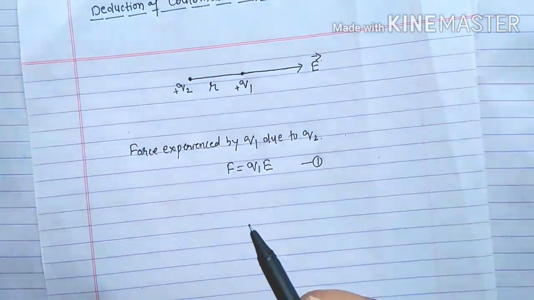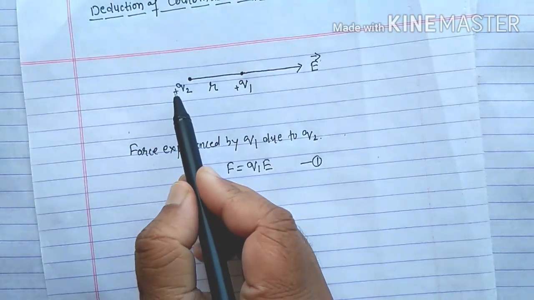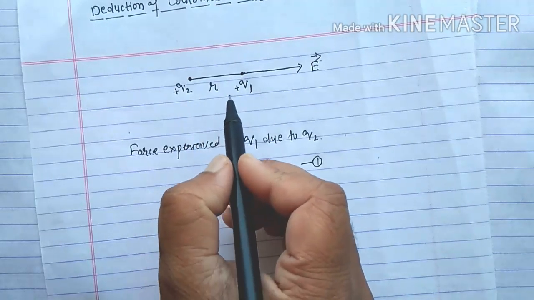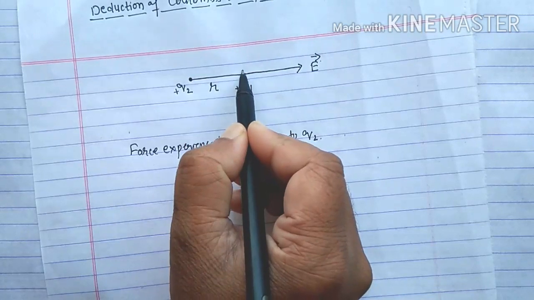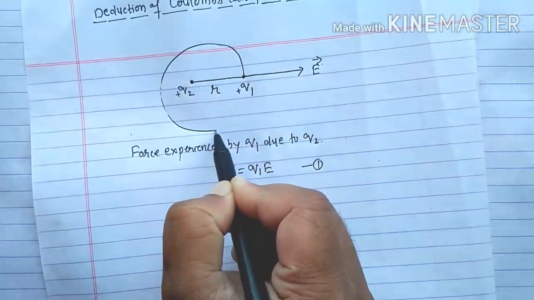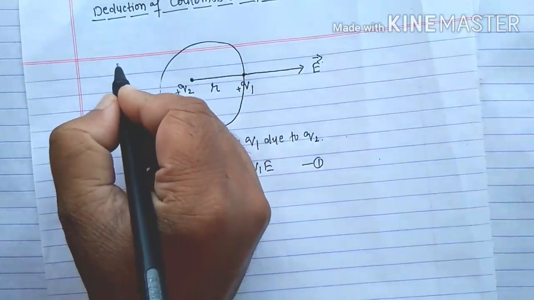Okay, so now let's consider a Gaussian spherical surface with center at Q2 and of radius r. This one is a Gaussian surface.